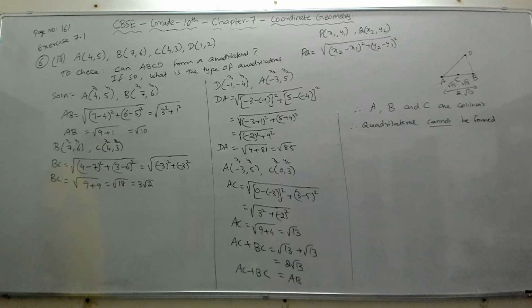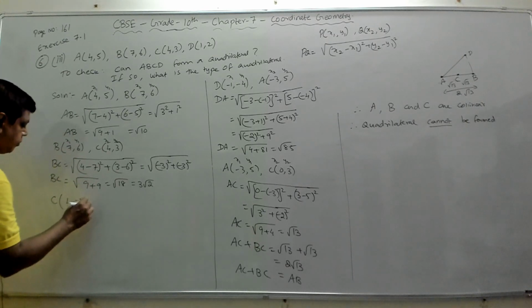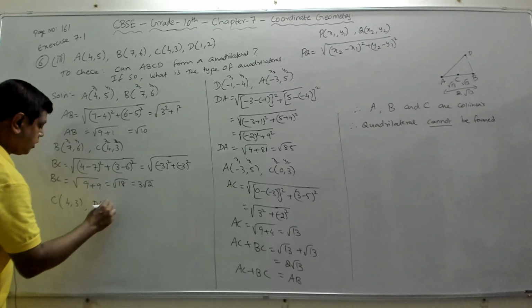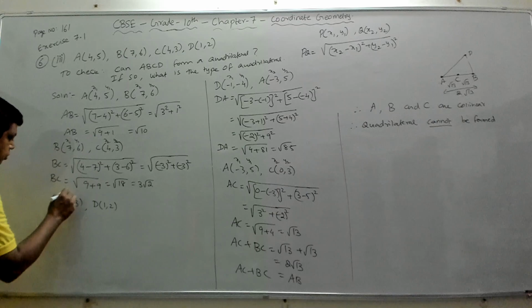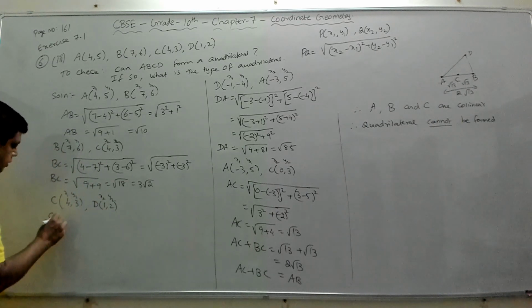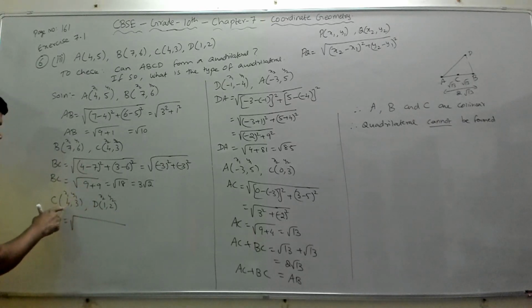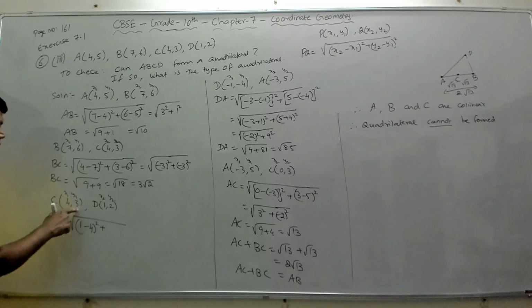Now let's find CD. So C is 4 comma 3 and D is 1 comma 2. This is your x1, y1, x2, y2. So CD is the square root of (x2 minus x1) the whole square, so 1 minus 4 the whole square, plus (y2 minus y1) the whole square, so 2 minus 3 the whole square.